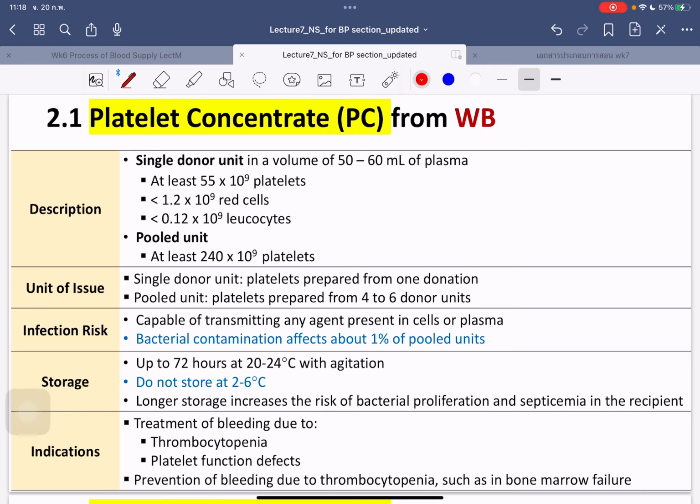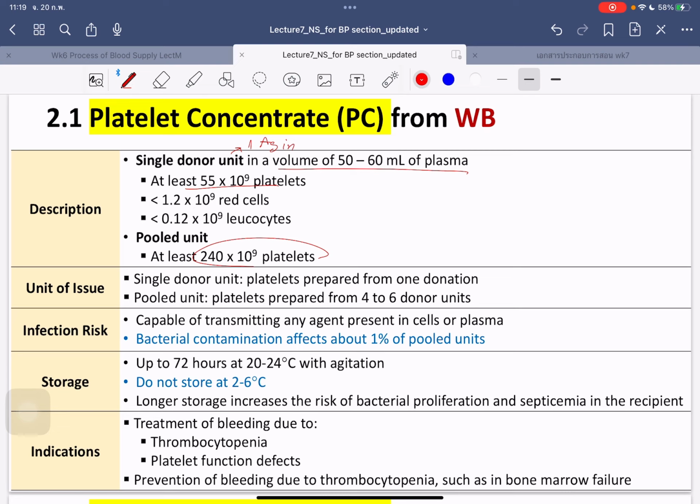The difference between the two methods is, first, the amount of platelets. For single donor platelets, we have platelets about this number, and for pooled platelets, we have platelets around this number. But the useful thing is, with single donor platelets, you have antigen from just one donor, which suits a patient who has often received platelets.